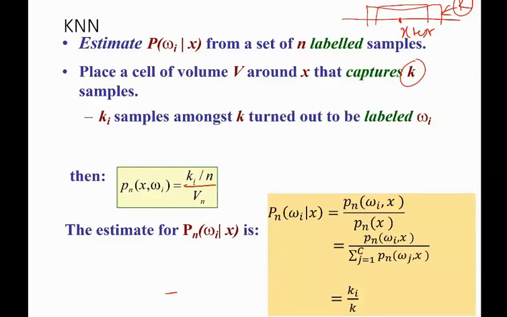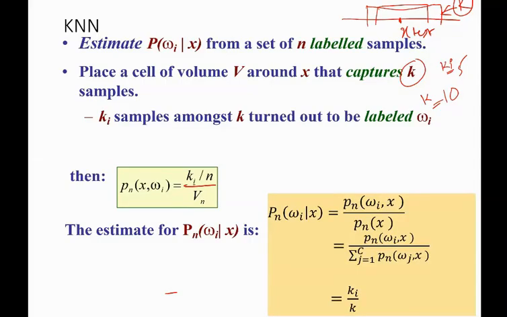Now Ki samples amongst K. Suppose I have collected 10 samples and out of that suppose 5 samples. So I call this K and the subset of K as Ki.